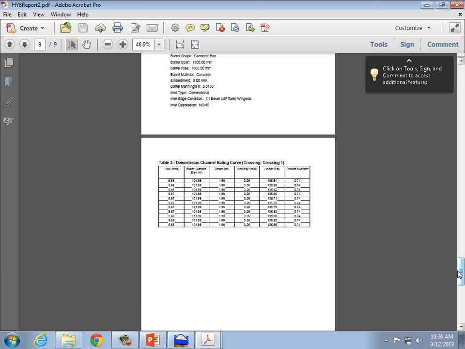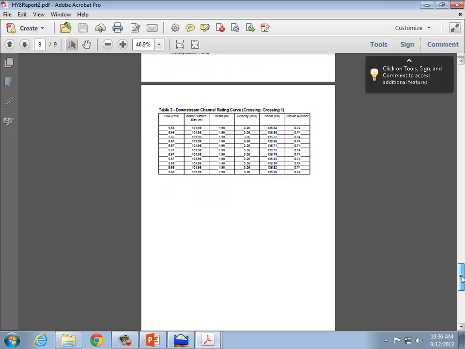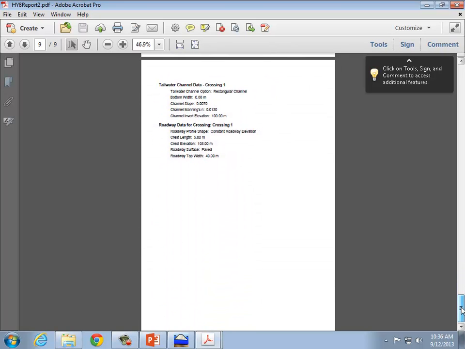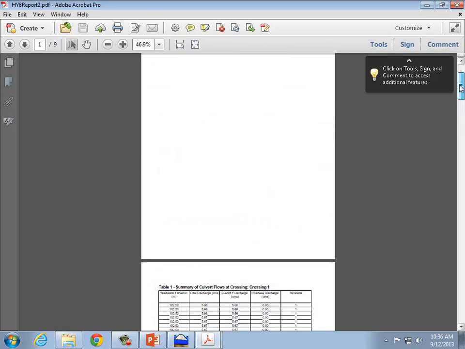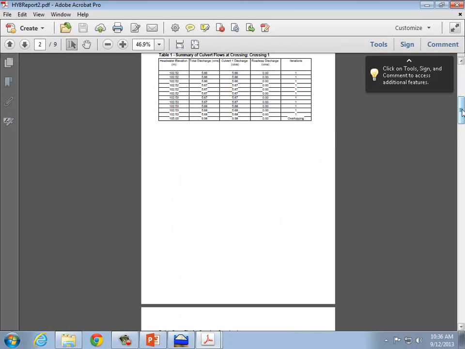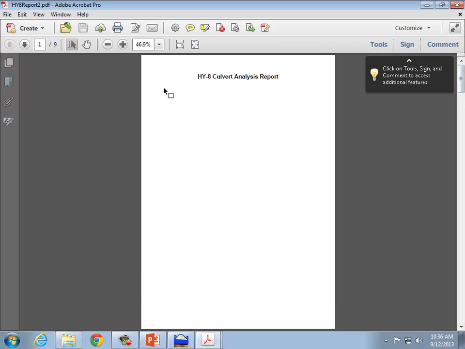Or the grader. Actually, we do have a grader this semester, so I'm not going to have to do that. My point is what I'd like you to do is not include a bunch of extraneous tables. Only include stuff that's relevant. And when answering the question, maybe you could write problem 1 at the top of the pages that correspond to problem 1, and problem 2 at the top of the pages that correspond to problem 2.